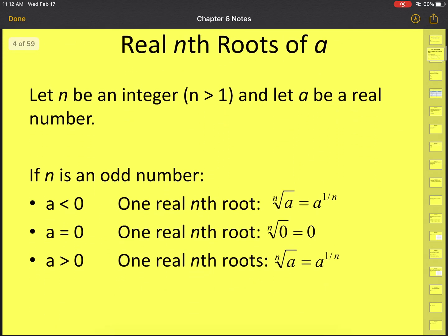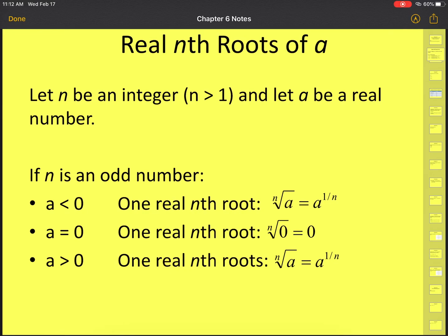But what if your integer on the outside as your index is odd, and a is some kind of real number underneath your radical? Well, if a is less than 0 underneath that radical, then there's still going to be one real nth root. If it's equal to 0, then there's still one real nth root, so the nth root of 0 is still 0.